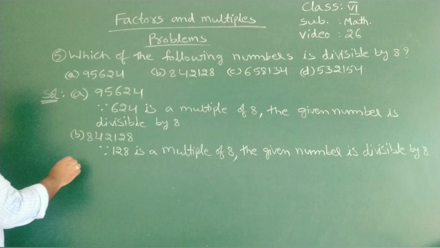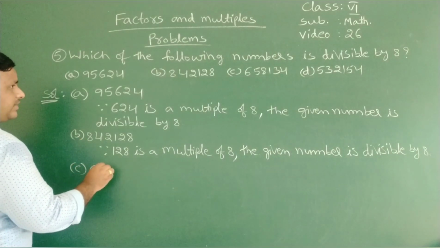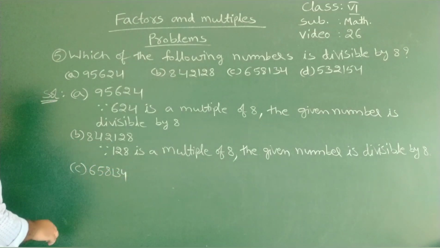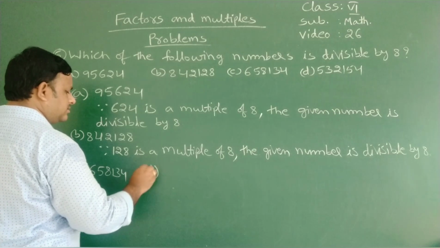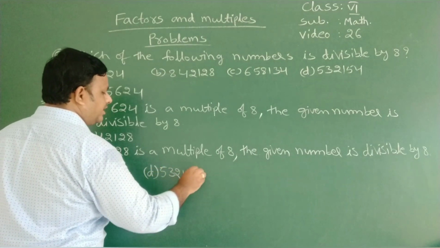Okay. So in C and D, C is 658134 and D is 532154.